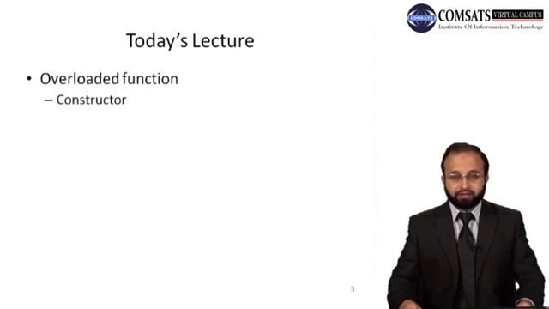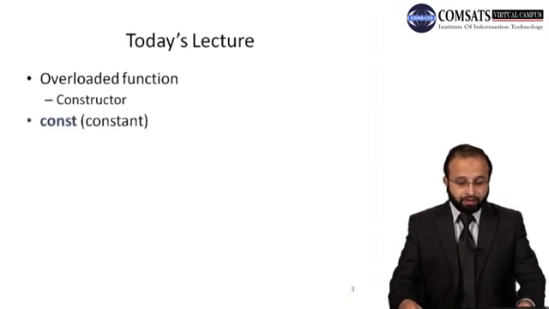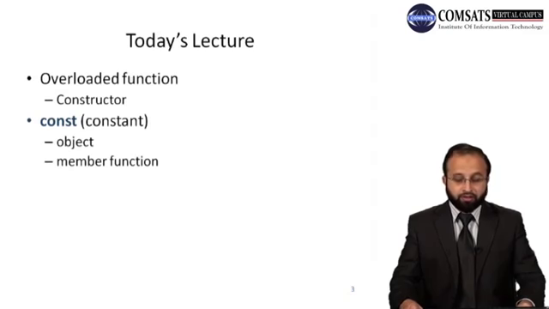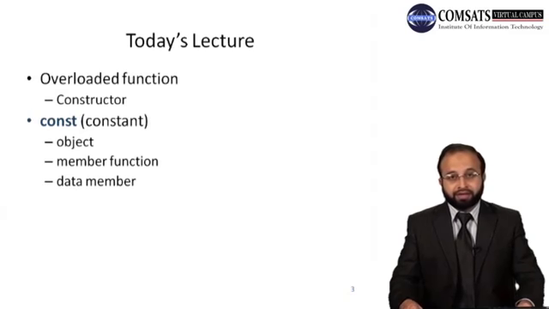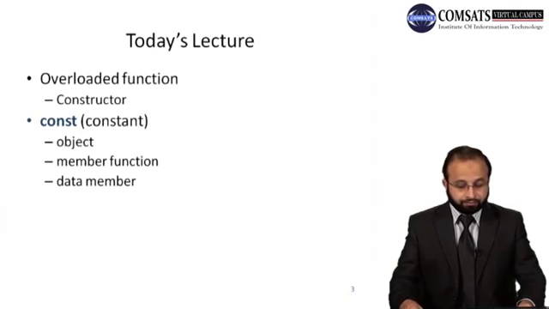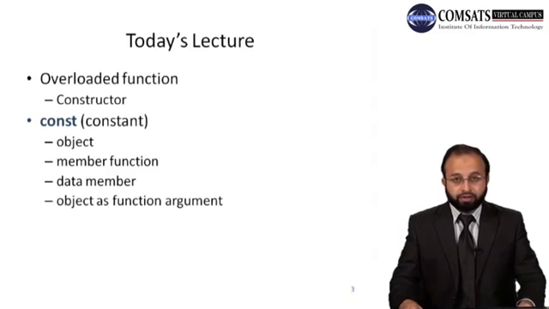We have already seen the same thing in the previous lecture, but today I will explain it in a little more detail. And then we will see constant objects, constant member functions of a class, constant data members of a class, and constant object as function argument.